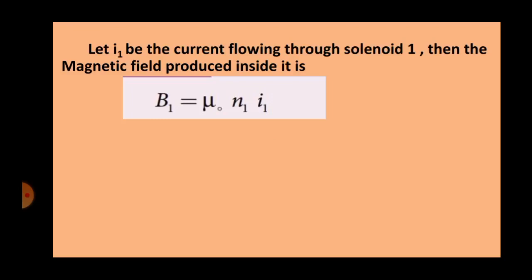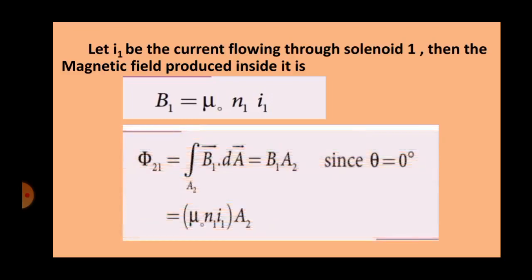The magnetic flux linked with each turn of solenoid 2 due to solenoid 1 is given by phi21, the magnetic flux of coil 2 due to coil 1.